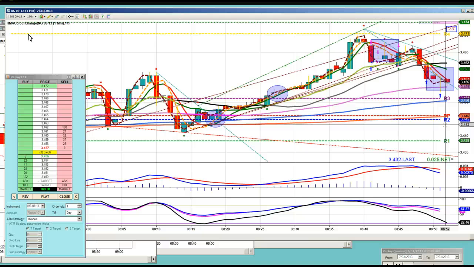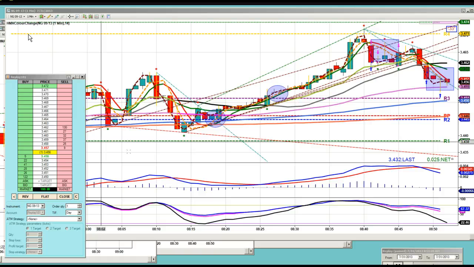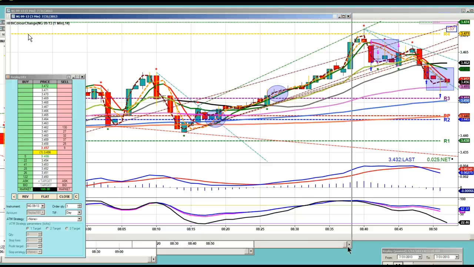Now, this is where Spreader is going to help you. Because if you want to catch these reversals going with the moving averages, all you have to do is have your 1-minute chart up, have your Spreader chart up next to each other, so you can have a setup like a 1-minute chart Spreader and a 3-minute chart NinjaTrader. That's all you need. The 3 and the 1-minute Spreader.